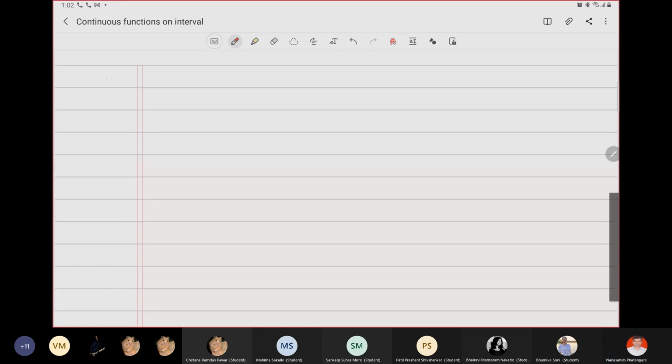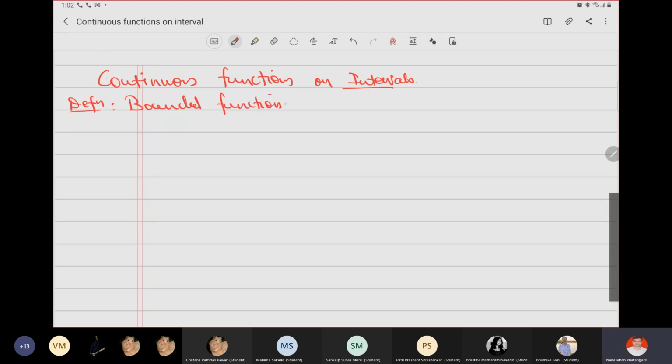Before going to this, we'll see some definitions. Bounded function, which we already discussed.